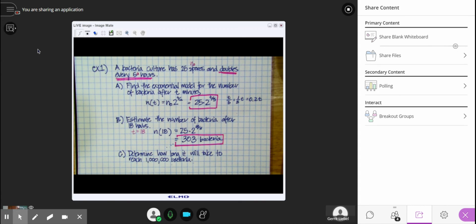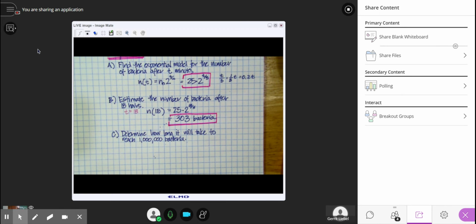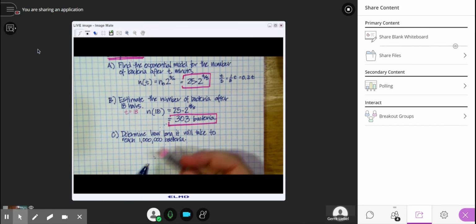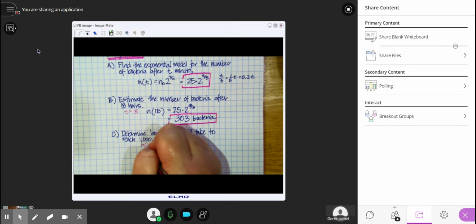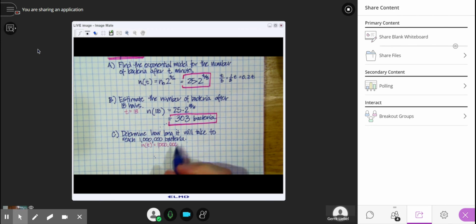Okay, good. The third problem asks us how long it will take to reach 1 million bacteria. This is telling us that 1 million is our answer, or that N of T is going to equal 1 million. So 1 million is 25 times 2 to an unknown T over 5.